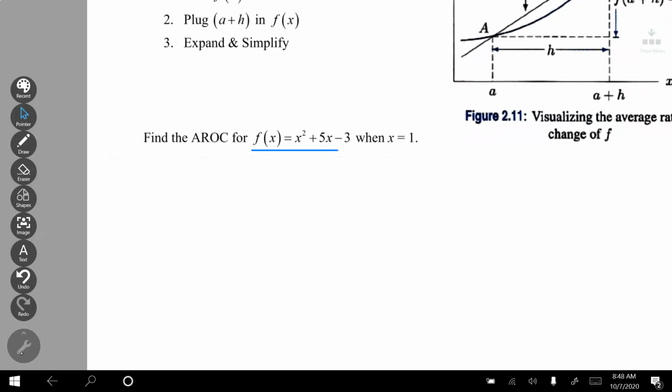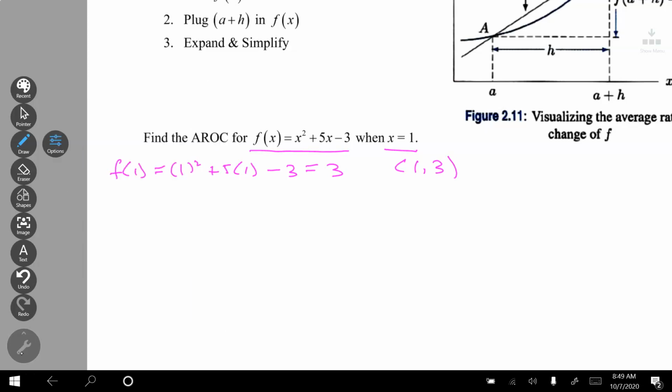So here's my function. Here's my x value. So I have to find f of 1 first. And when I do that, I get 1 squared plus 5 times 1 minus 3. I get a result of 3. So I have the point 1 comma 3, x comma y.